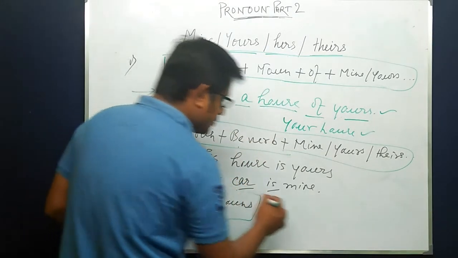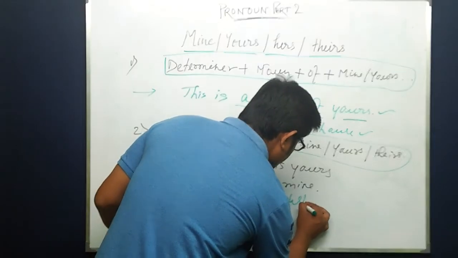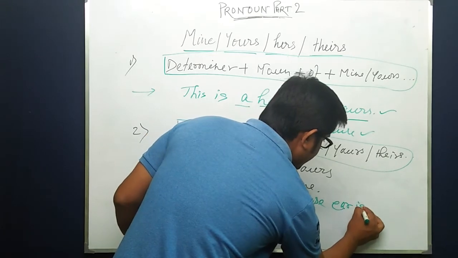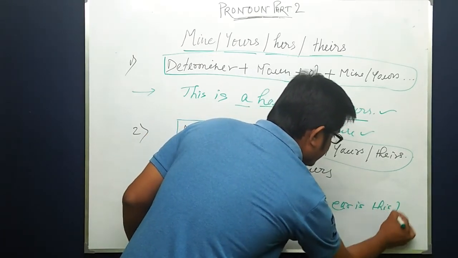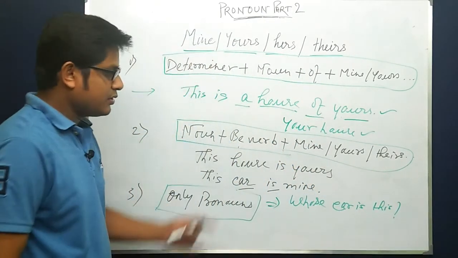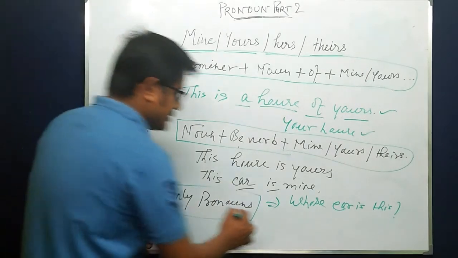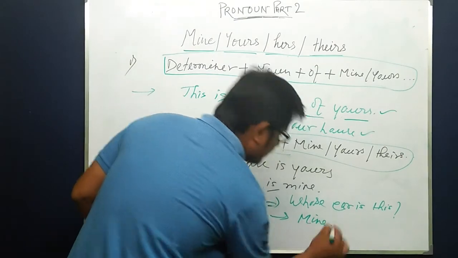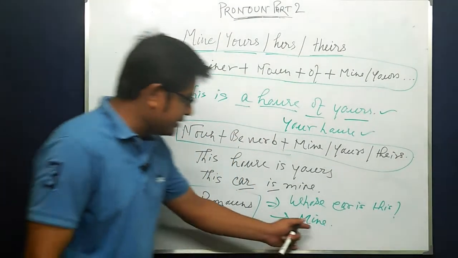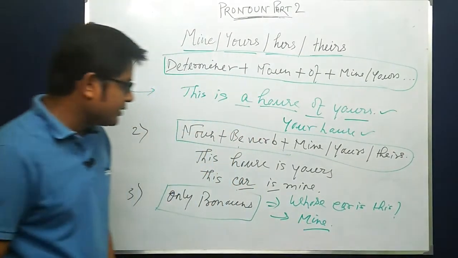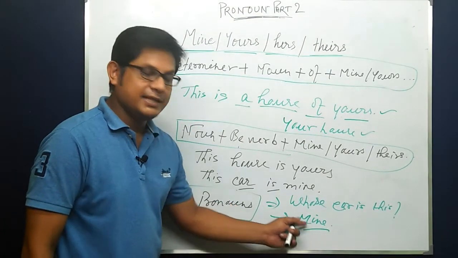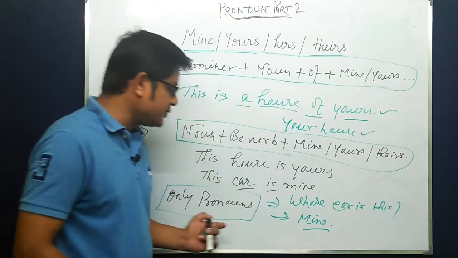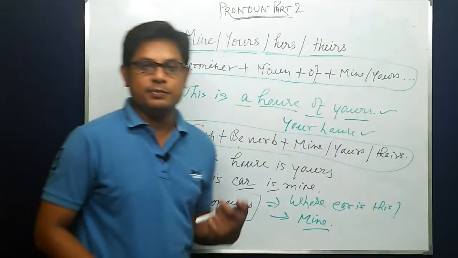Suppose the question is, whose car is this? And the answer is mine, right? Only this pronoun can be used, mine, and it means a complete sentence. So you can use only these pronouns when you give brief answers.